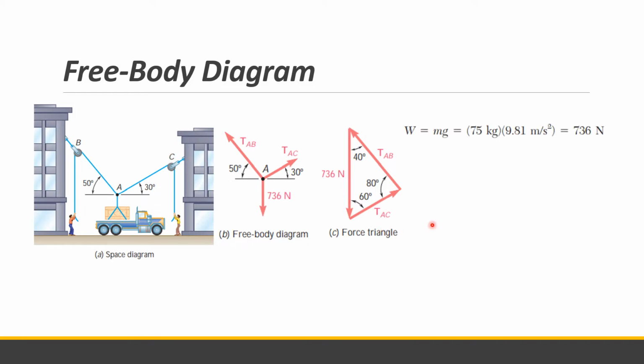So given that the weight of the box is 75 kilograms, from the previous module we learned that weight is equal to mass times the gravitational acceleration of the Earth. So that is 75 kilograms multiplied by 9.81 meters per second squared, which is 736 kilogram meter per second squared, or simply our Newton.